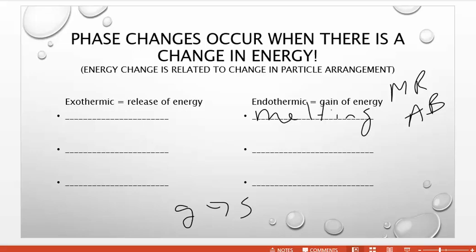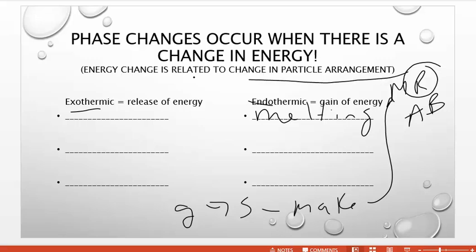So we're trying to figure out where deposition goes. Is it exothermic or is it endothermic? So gas to a solid, looks like I'm making my bonds tighter. Make stands for release. Release means exo, so I'm going to go ahead and put deposition over here.